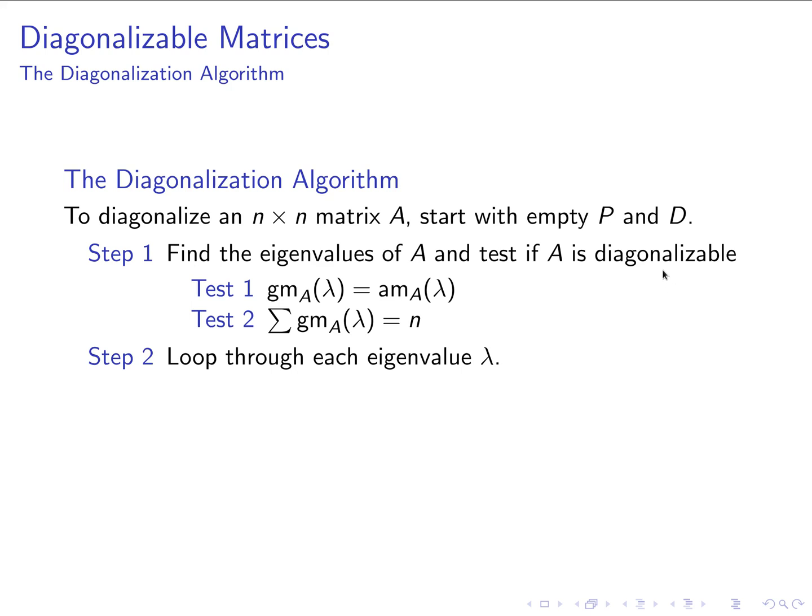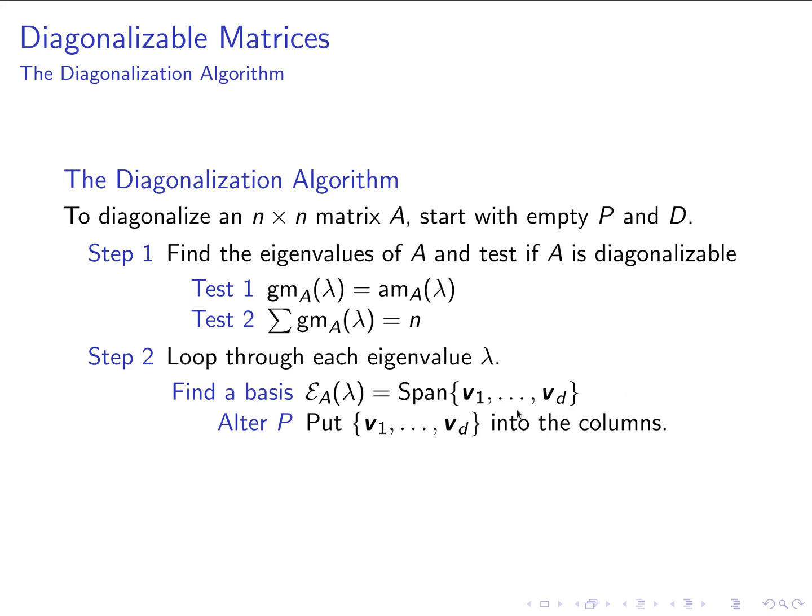But if the matrix does pass the diagonalizability test, now what we do is we loop through the eigenvalues. So we go to each eigenvalue lambda, and we do a few things. The first thing we do is we find a basis for the eigenspace of A for lambda. And let's say that that basis is of the form v1, v2 up to vd.